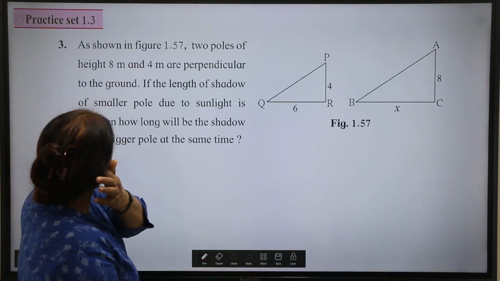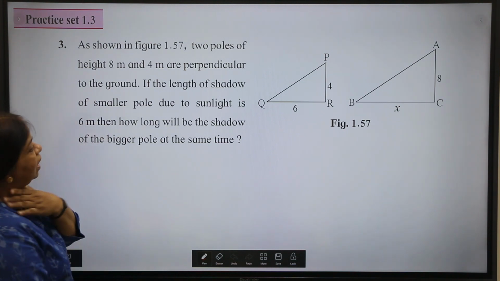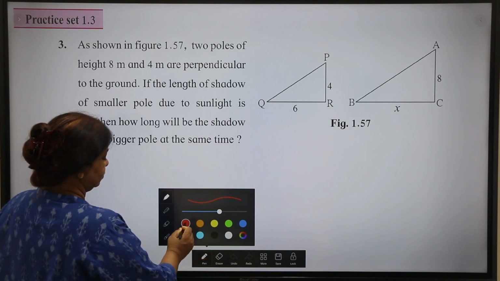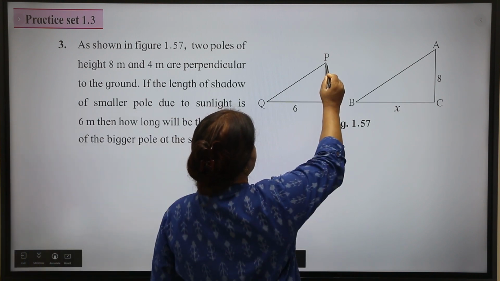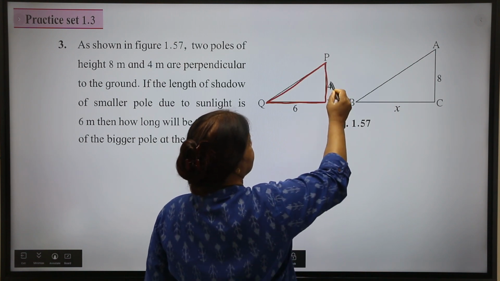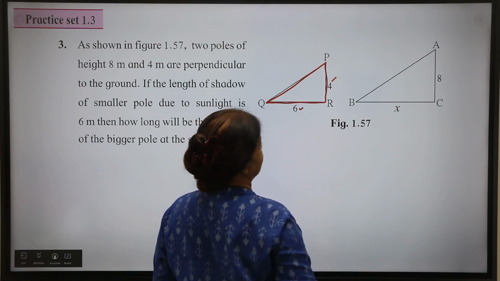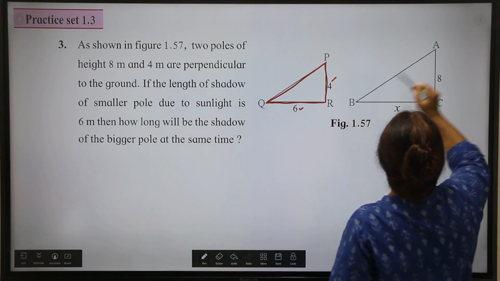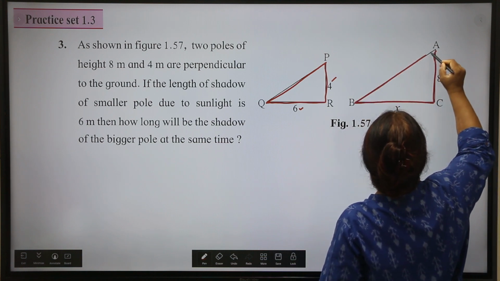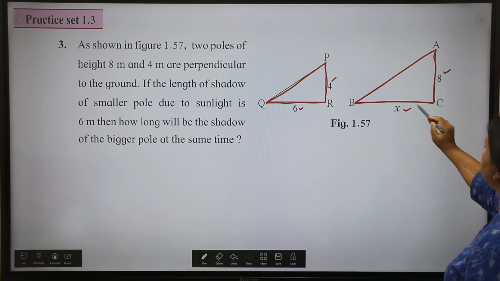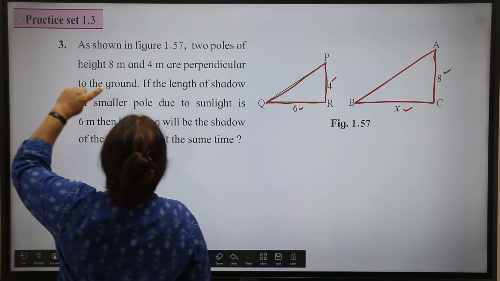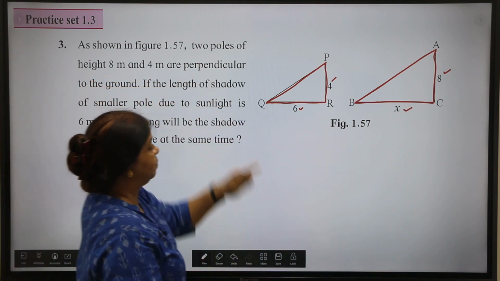Question number 3. We can see here on the figure on the board, there are two triangles. There is one triangle PRQ, in which PR is given 4 and QR is given 6, and there is another triangle ACB in which AC is given 8 and BC is given X. So, two poles of height 8 meter and 4 meter are perpendicular.